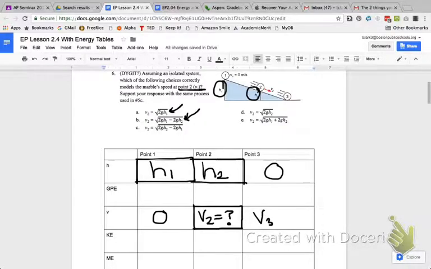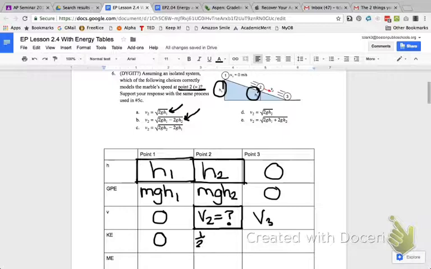So now we go through this problem and calculate any energies that we can calculate. My GPE is mgh1 here at point 1. It's mgh2 at point 2, and it's 0 at point 3. My kinetic energy is 0 at point 1 because my velocity is 0.